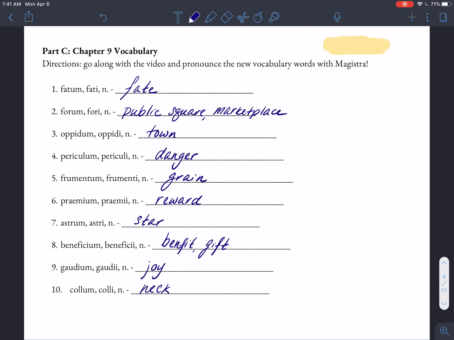Okay, so once you have these all written down, what I'd like you to do is just go through and color these in. I'd like for you to notice that all of these words this week are neuter, because it's the new set of declension endings that we're learning.